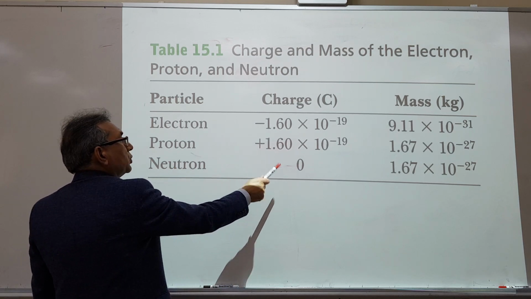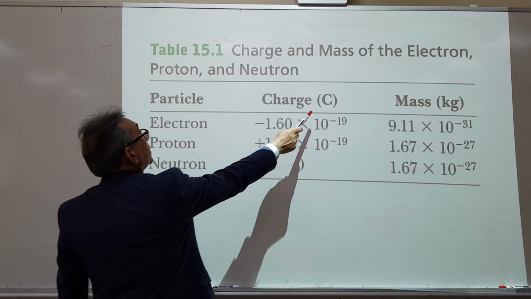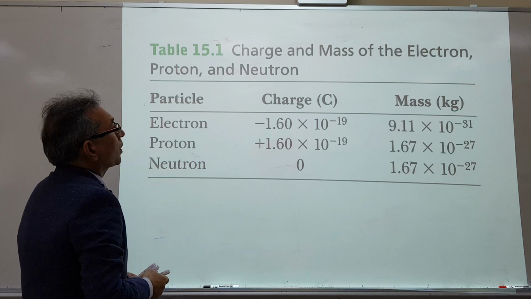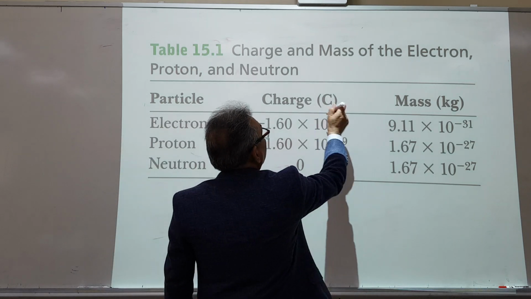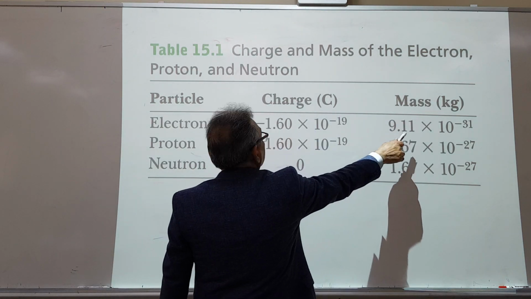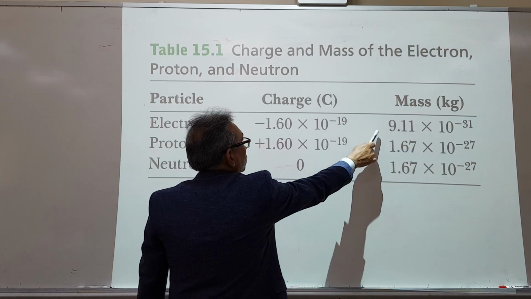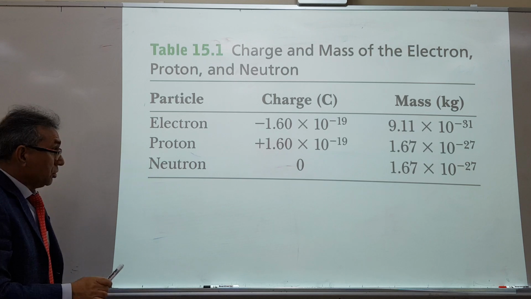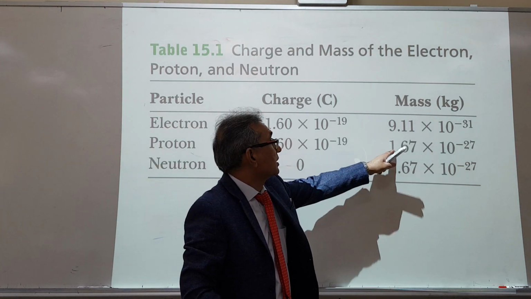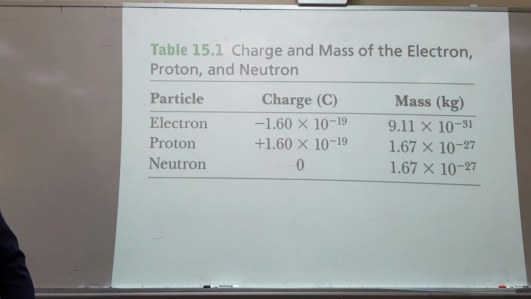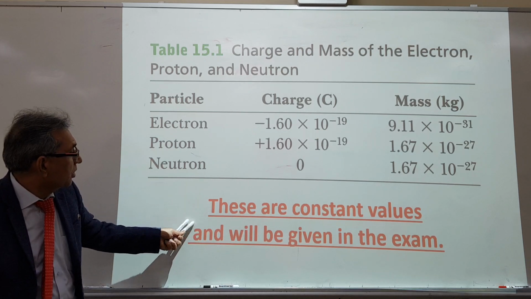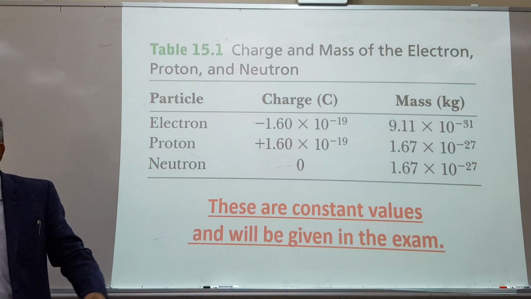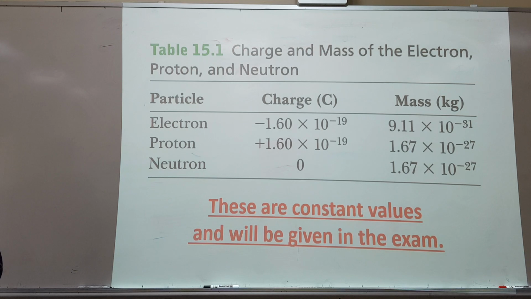Neutron has no charge. The unit for the charge is Coulomb. Now, the mass of the electron is this much, and the mass of the proton and the neutron are the same. So these are the physical constants and they will be given to you in the exam, don't worry.